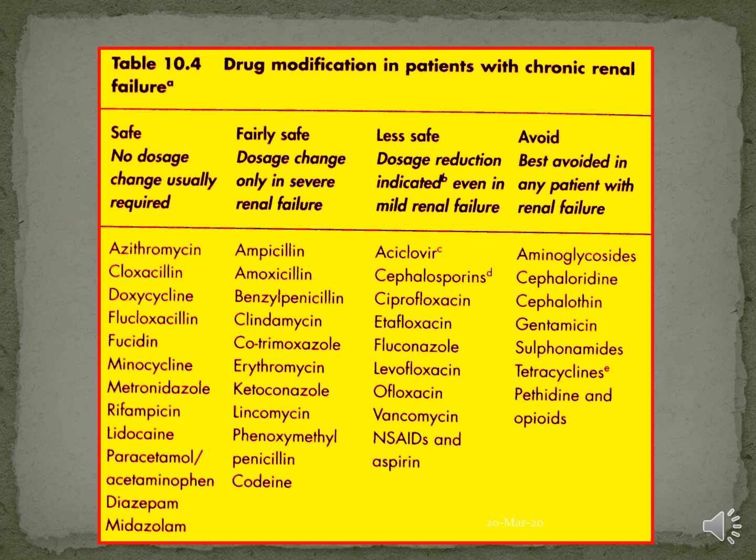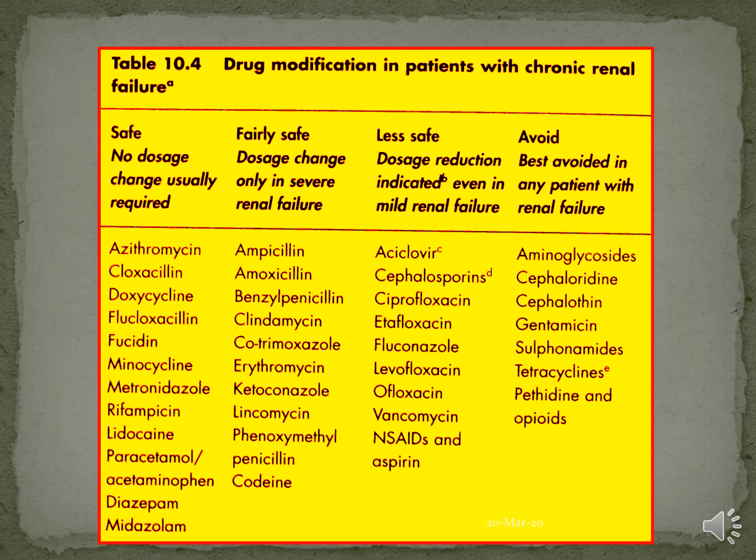Among the less safe drugs, in which you have to reduce the dosage even in mild failure, we have a list of drugs. Look at the last point, NSAIDs and aspirin. It is better to avoid NSAIDs and aspirin in the renal patient because they have the tendency of gastrointestinal bleeding. Patients with renal disorders are already susceptible to peptic ulcers.